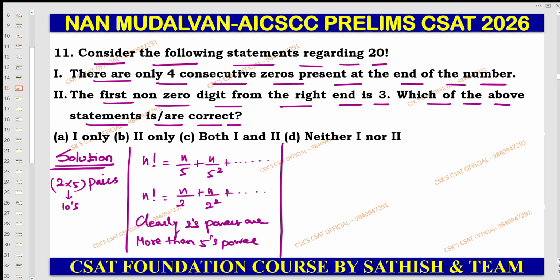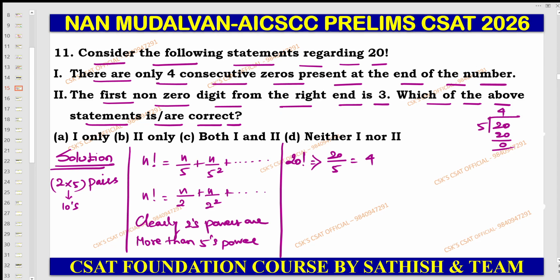So in 20 factorial, how many 5's are there? You can do it like this: 20 by 5, which is nothing but 4. That's it, you can stop, because if you divide 20 by 5, you get 4 in the quotient. So you write the quotient here. This 4 is the quotient.